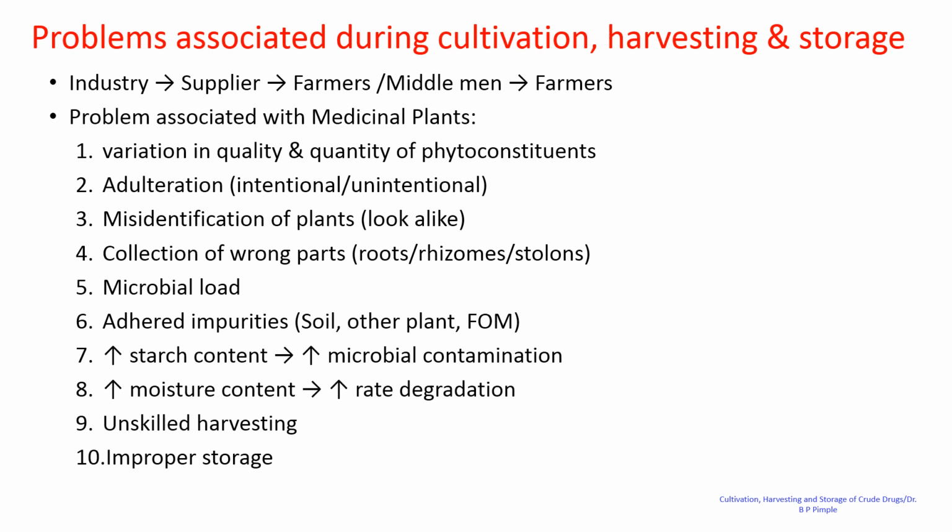Even during handling, the crude drug or the powder may spill onto the floor, so that has to be cleaned properly. So storage of crude drugs should be done in plastic containers only if they are completely dried.